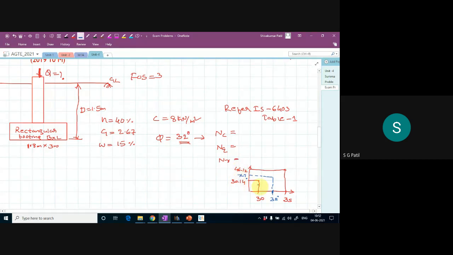Now if you interpolate between these two: 46.12 minus 30.14 divided by x minus 30.14 is equal to 35 minus 30 divided by 32 minus 30.